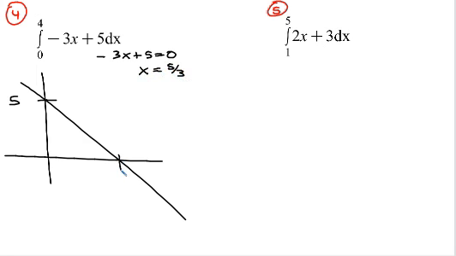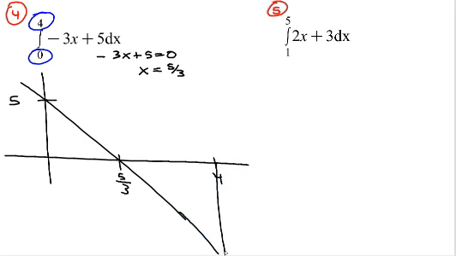Why does that matter? Because I'm evaluating this integral from 0 to 4. And so there most definitely is a portion of this graph that has a negative area.